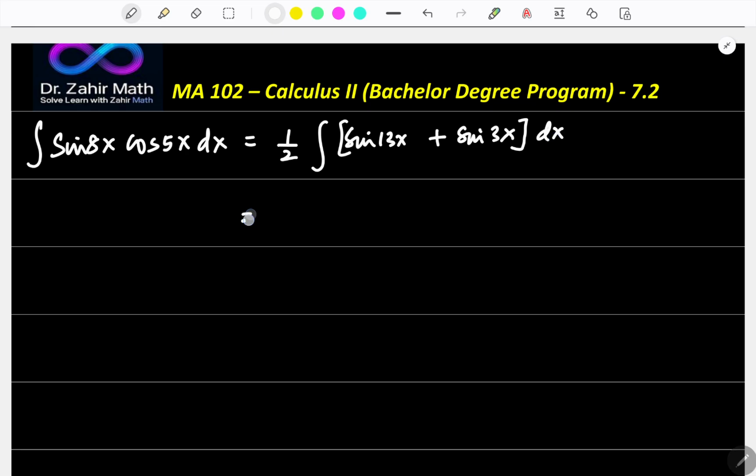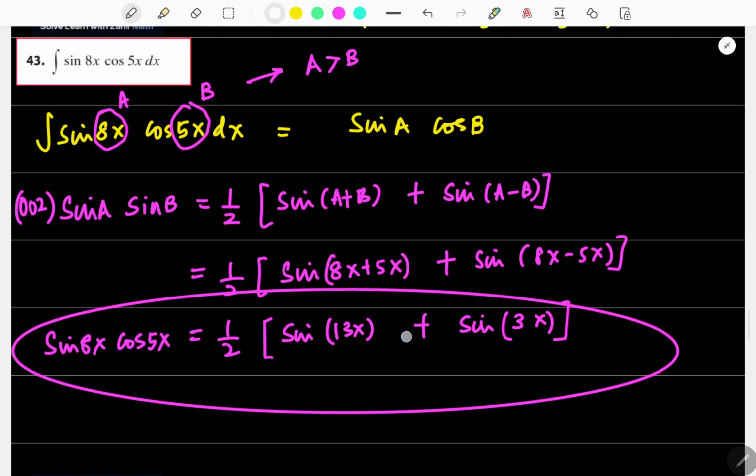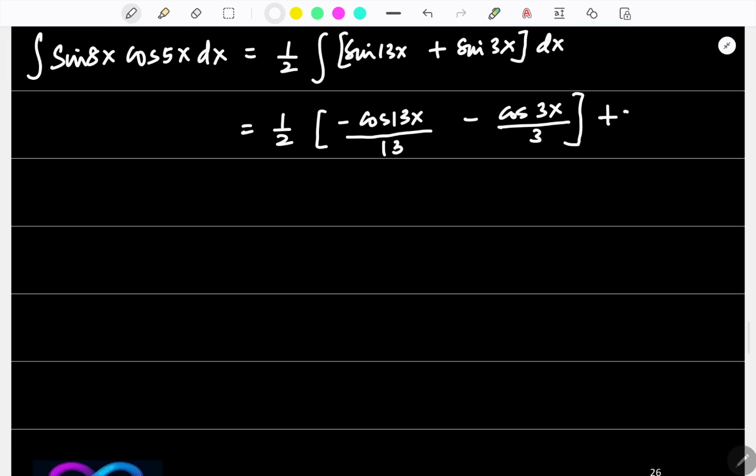This equals half times, what is sine 13x integration? Negative cosine 13x divided by 13 and then plus, negative cosine 3x divided by 3. I forgot the negative here. Is there a limit here? No limit. So now plus c you are going to put because there is no limit here.